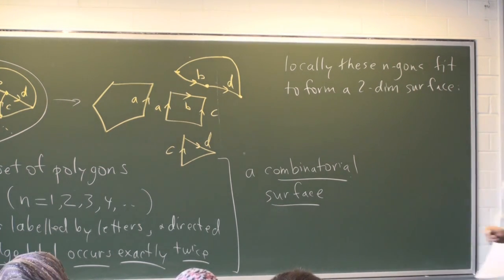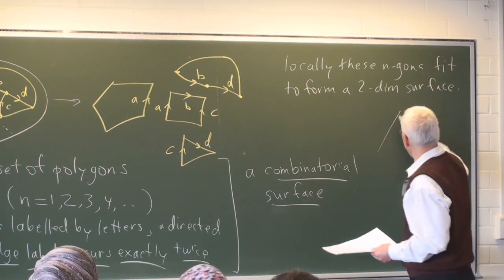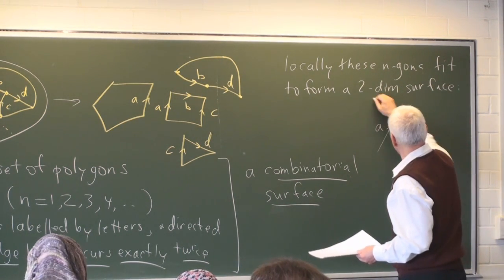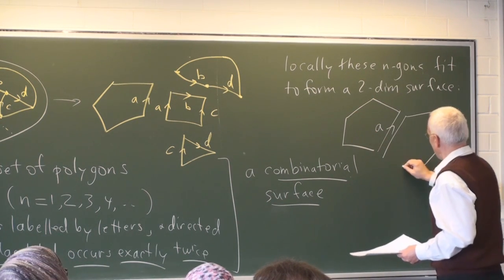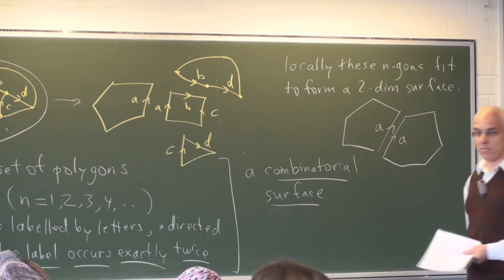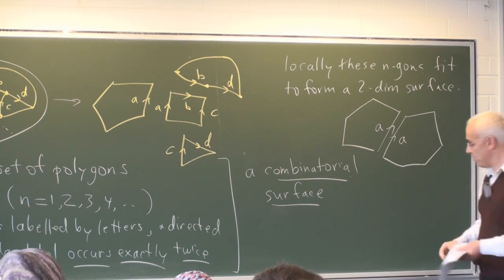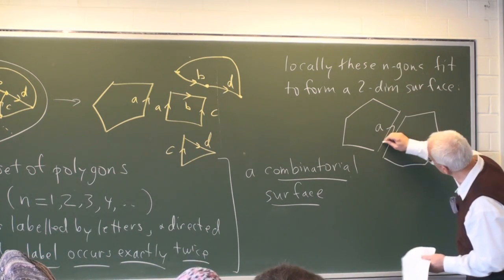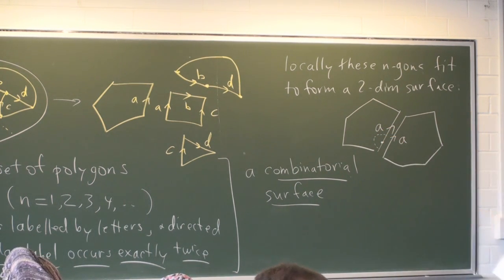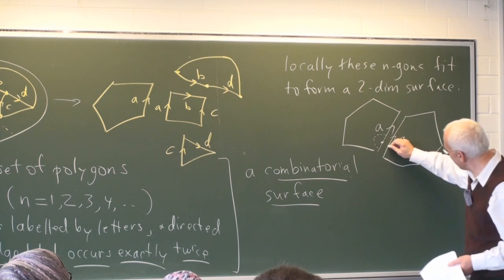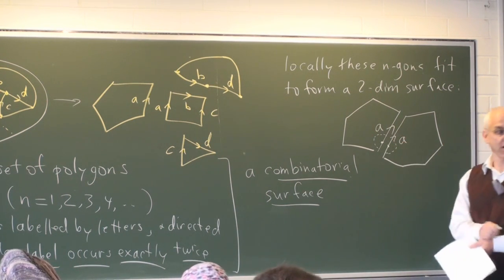There are two things that we need to check there, or just observe. One is that if we have an edge A from one polygon and we glue it to an edge also labeled A from another polygon, then any point on that common edge is going to have a neighborhood which is a half disk from the one polygon and another half disk from the other polygon.